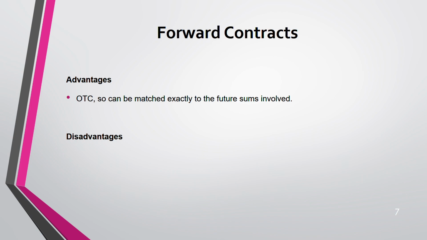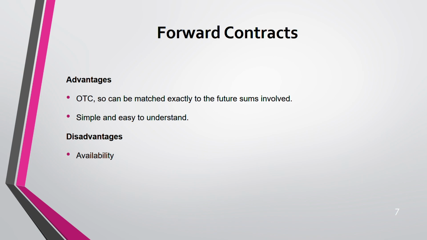Let's say you want to hedge 520,000, but the market contract size is only 500,000. That is the lowest in futures and options. But forward is not like that. You can exactly hedge the amount that you want because it is customized, over the counter. Second, it is very simple and easy to understand.